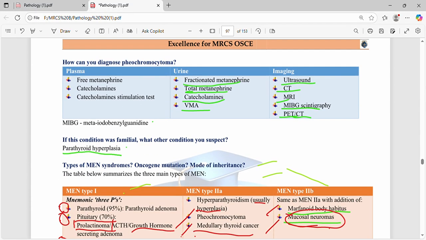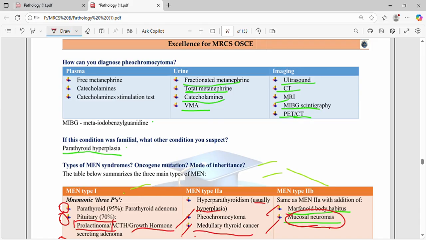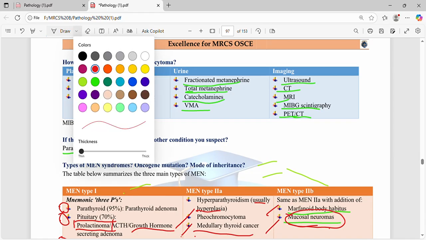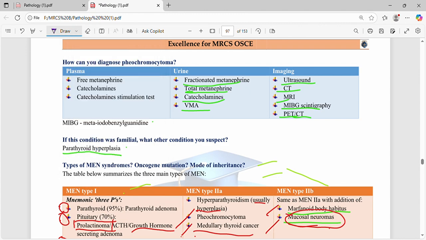Okay, so how can you diagnose pheochromocytoma? For pheochromocytoma we have plasma markers, urine markers, and imaging. Plasma markers: free metanephrine, catecholamines, catecholamine stimulation test.